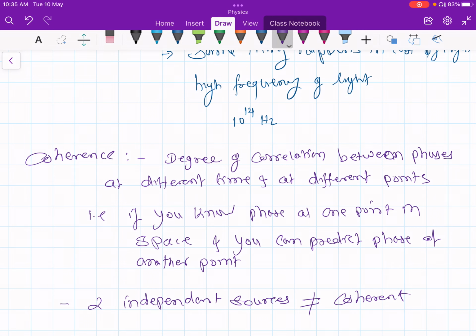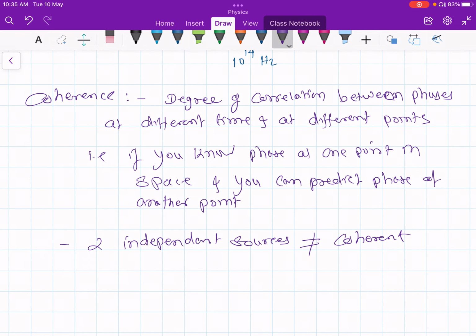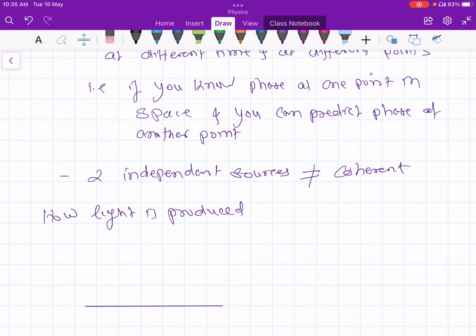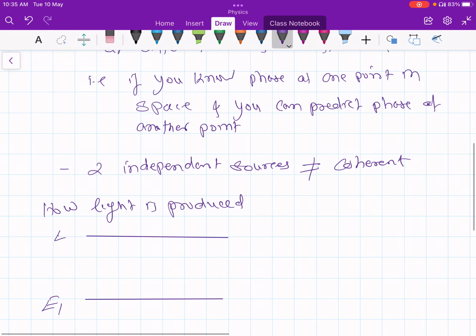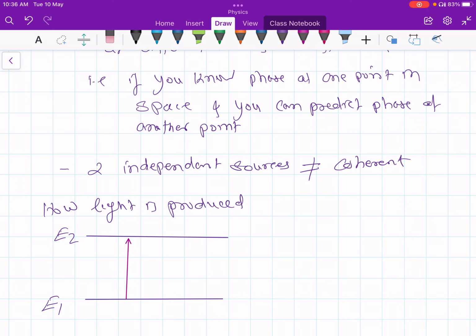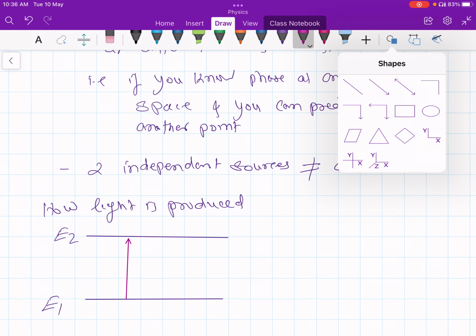Why can't two independent sources be coherent? To understand that, you must know how light is produced. Suppose in an atom there are two energy levels for a single atom. The energy of this level is E1, this is energy level E2, and the electron is in the ground state, that is, in energy level E1. When energy is supplied, the atom absorbs the energy and its electron is excited to a higher energy state.